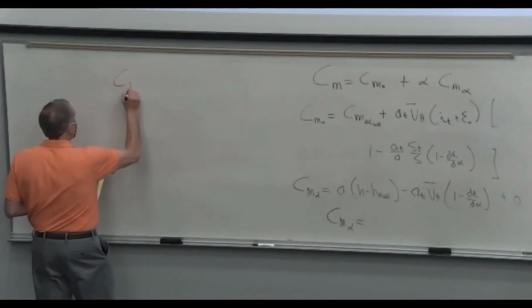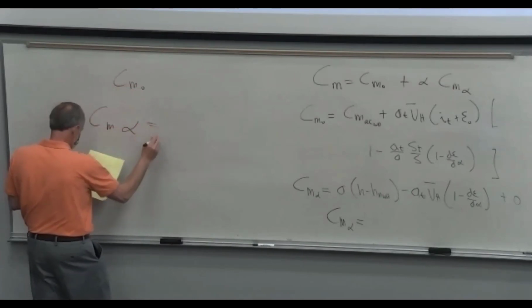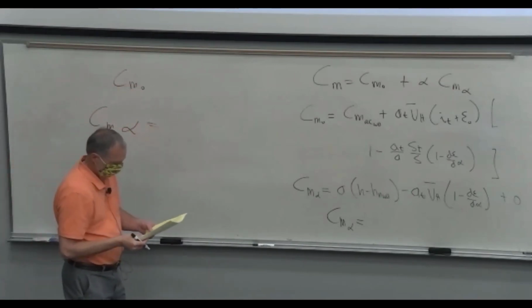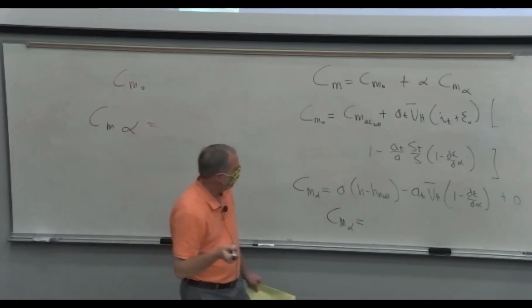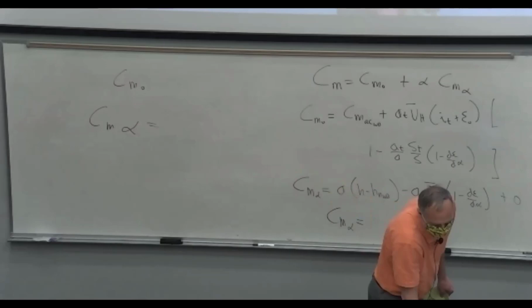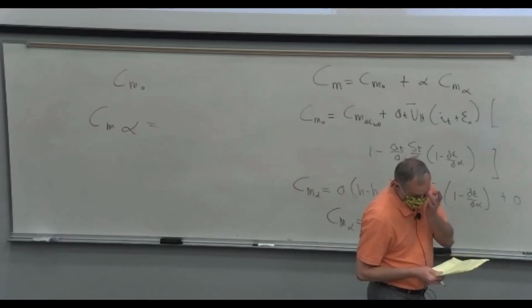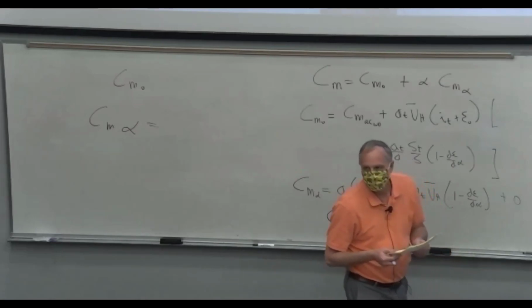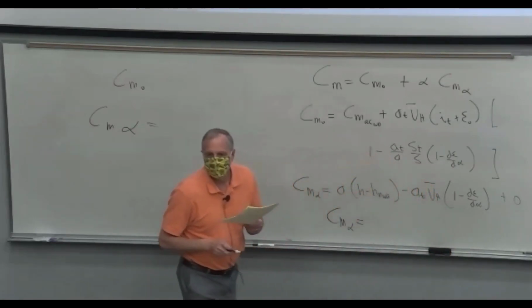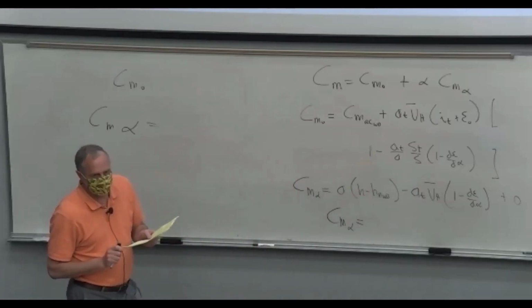So, you guys have a number for Cm0? I've got a number different than minus 0.1. 0.211? 0.07?